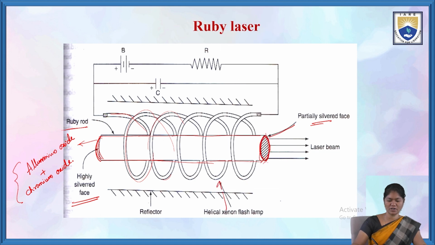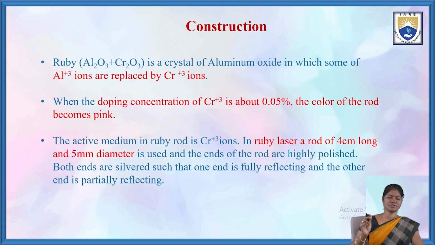Helical xenon flash tube. This ruby crystal rod is placed along the axis of the helical xenon flash lamp. The construction: ruby is a crystal of aluminum oxide in which some of the aluminum 3+ ions are replaced by chromium 3+ ions.